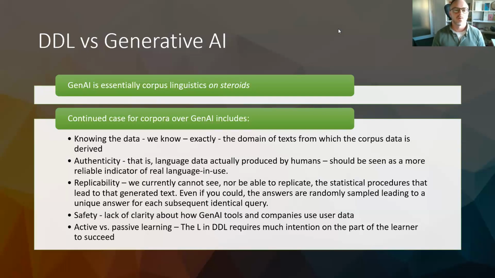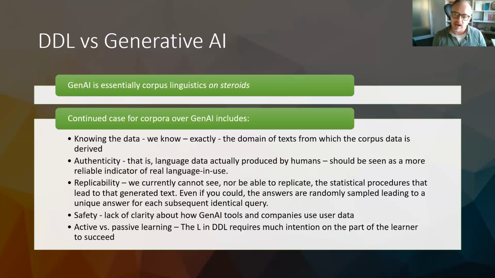That's super useful. Also, we know that data is produced by humans and not just produced by a machine, which leads to increased authenticity. And I can replicate the same corpus findings over and over again, whereas generative AI will give me different answers every single time, simply because that's how the software works.